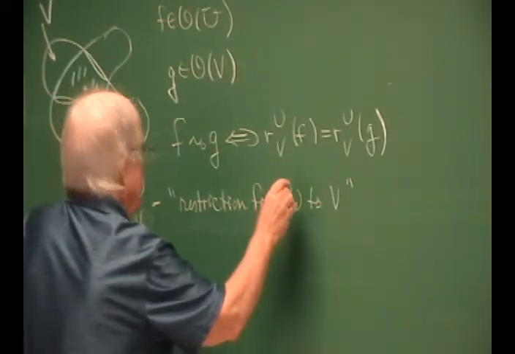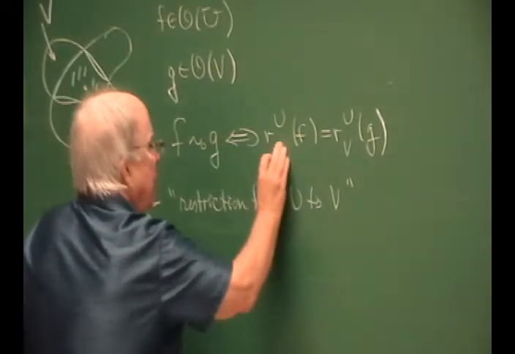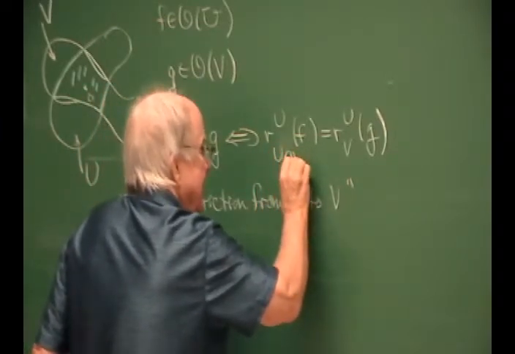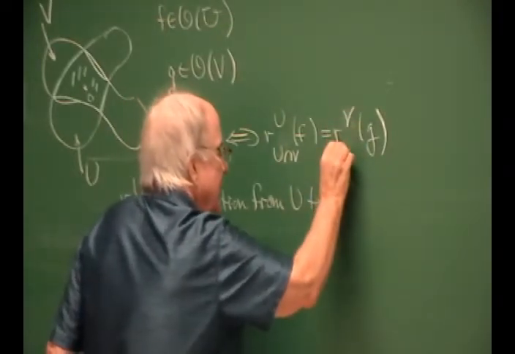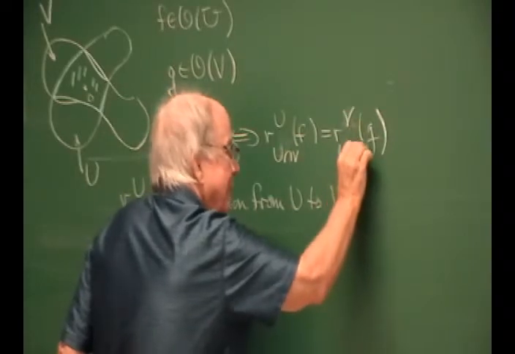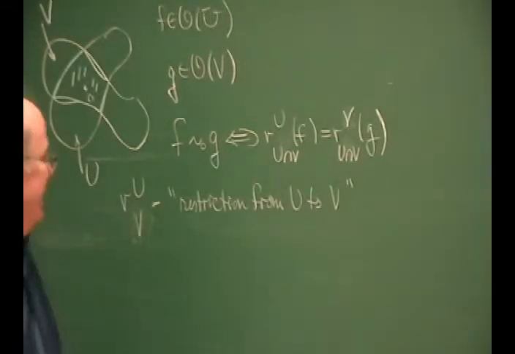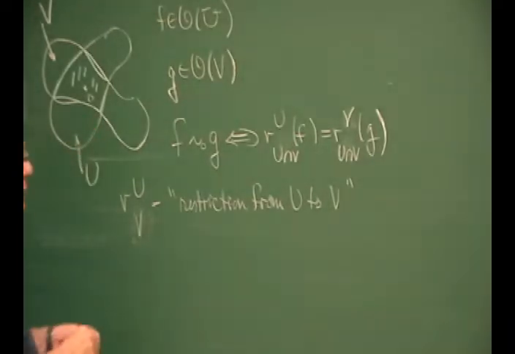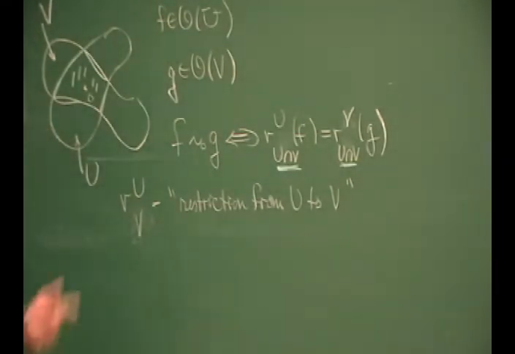It should be the restriction from U to U intersect V, and from V to U intersect V. I'm sorry, I'm very tired. The restriction to this thing in the middle that I drew. That's that guy in the middle. Two things are the same if they agree when restricted to the intersection.